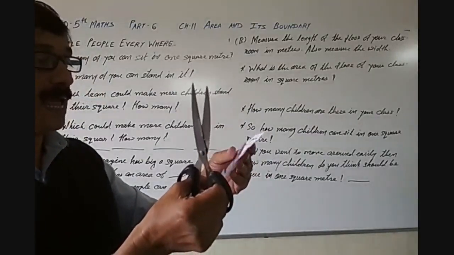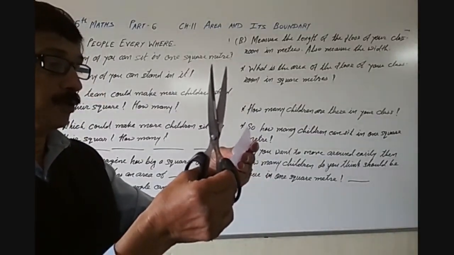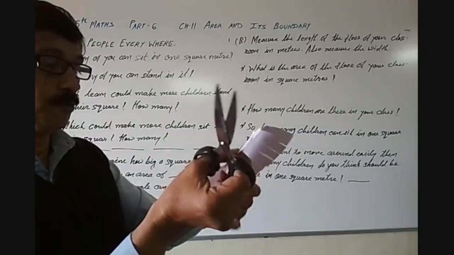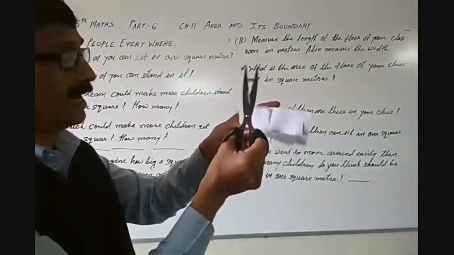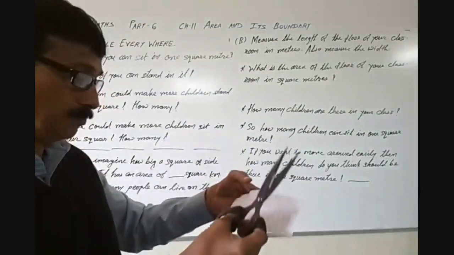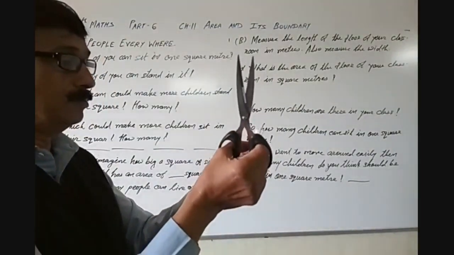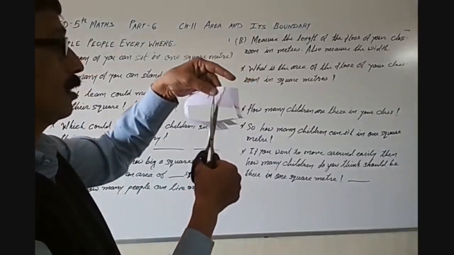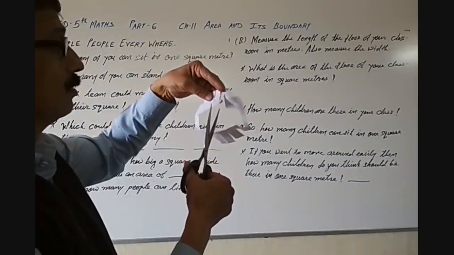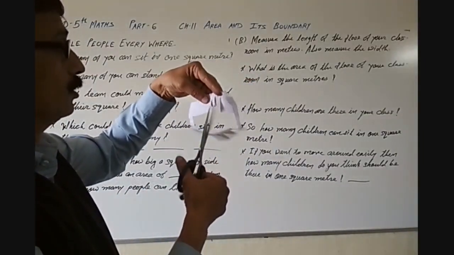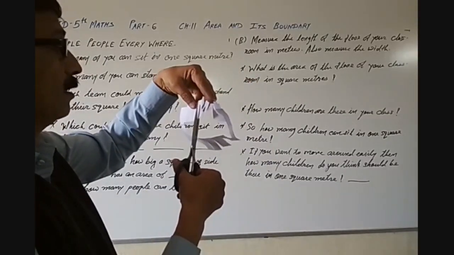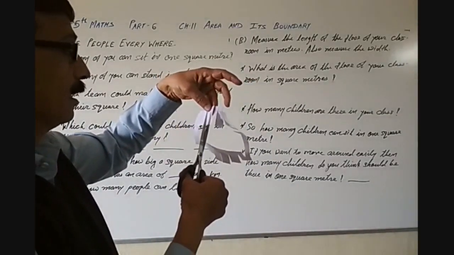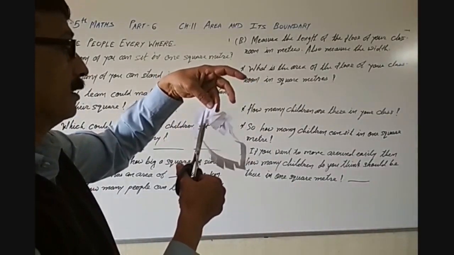Now from the middle I have to cut this. Once again I am cutting these strips also from the middle. So cut this from the middle once again, so that you will find some more big circle. Okay, cut this like this.